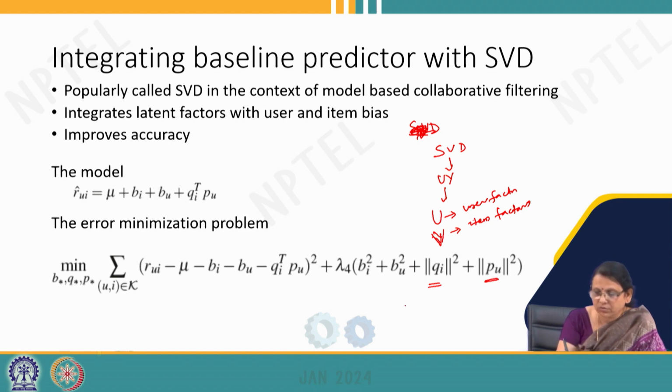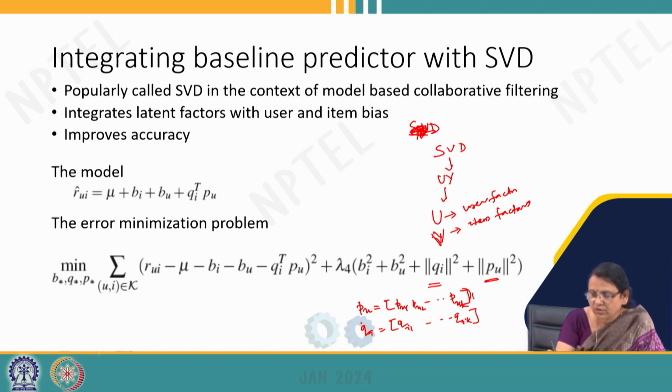Now what is user U? Suppose you consider a certain k number of factors. So this pu basically is a vector, pu1, pu2 up to puk, small k, and qi was again having the terms qi1 to qik.